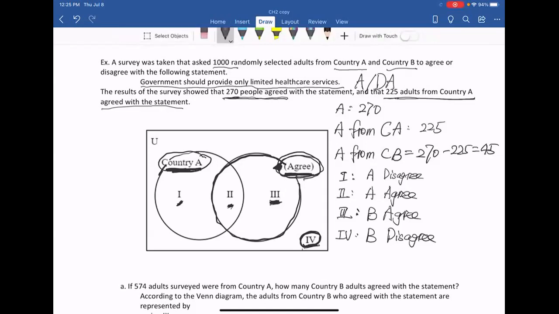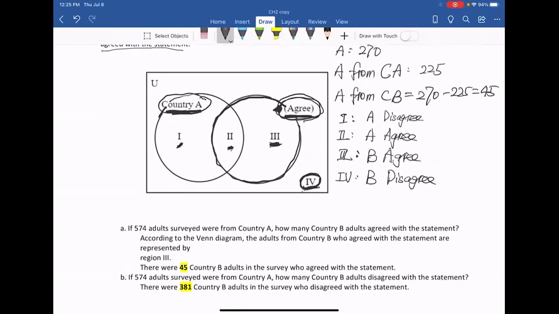Okay, let's move on. Let's see the question. If 574 adults surveyed were from country A, so that means region 1 plus region 2 equals 574. How many country B adults agree with the statement? So right now we know, actually we don't need the number of how many people from country A did the survey.